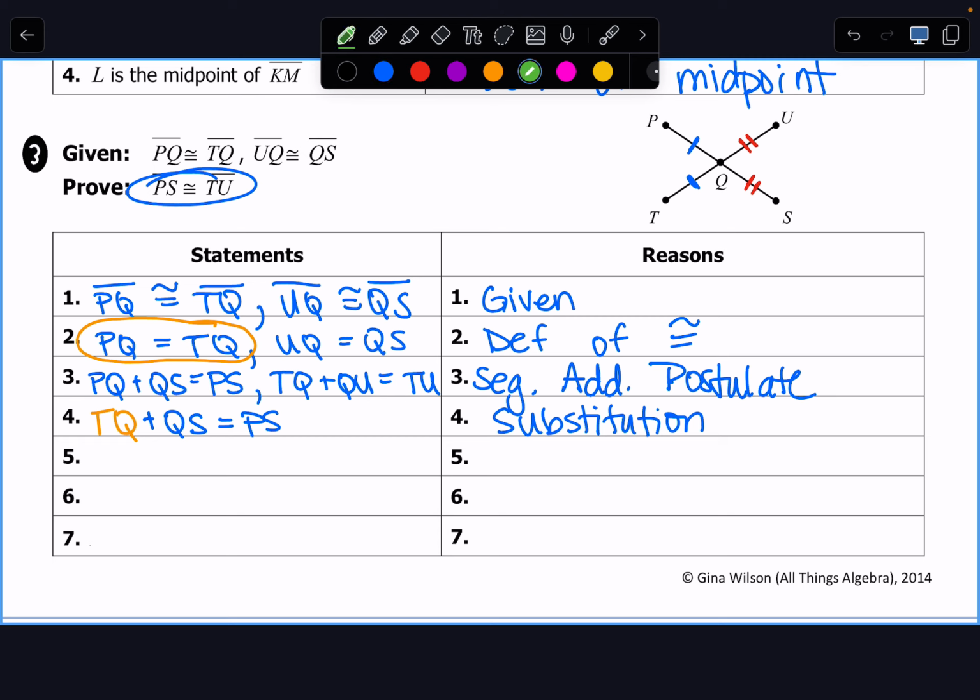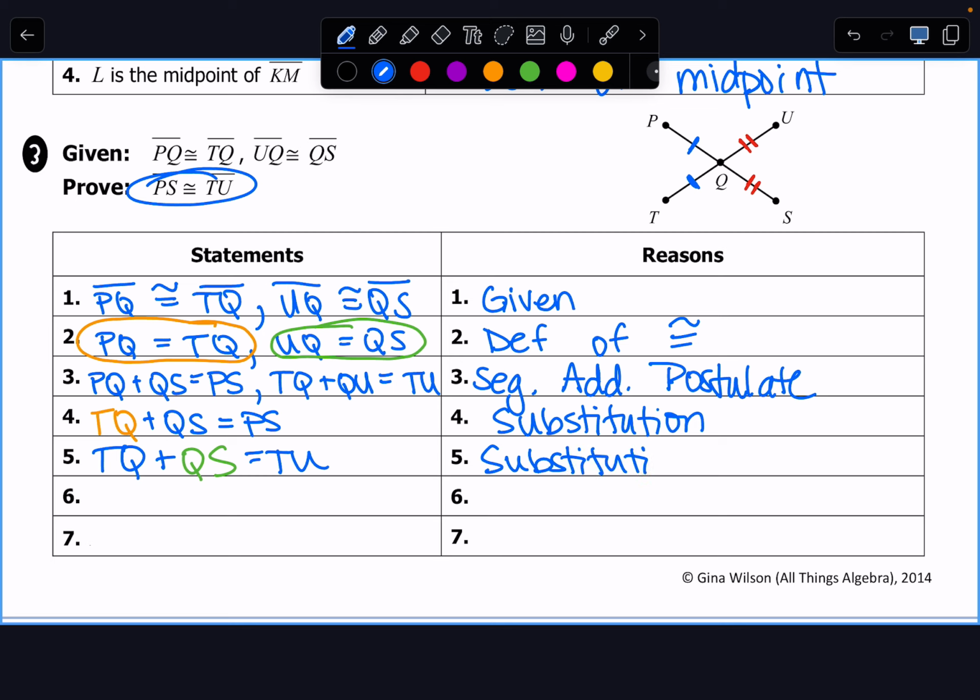Okay. I also see that UQ and QS are the same. So I can take this and write that TQ plus, I can trade QU for QS, equals TU.